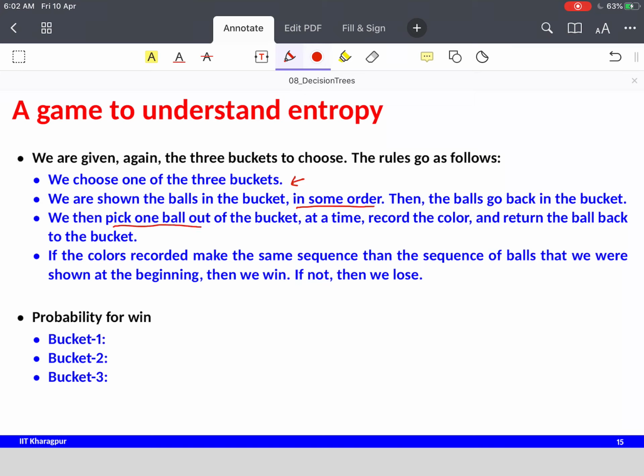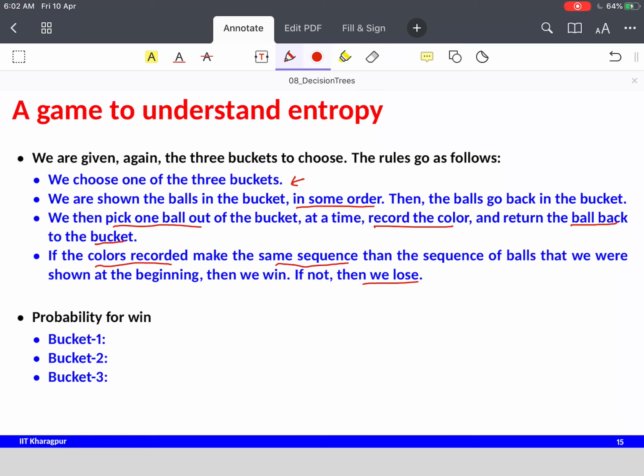So basically we are given the sequence in which the balls are present in the bucket. We then pick one ball out of the bucket and record the color and then return the ball back to the bucket. Now if the colors recorded make the same sequence as the sequence of balls we were shown at the beginning, then we win, and if not, we lose.